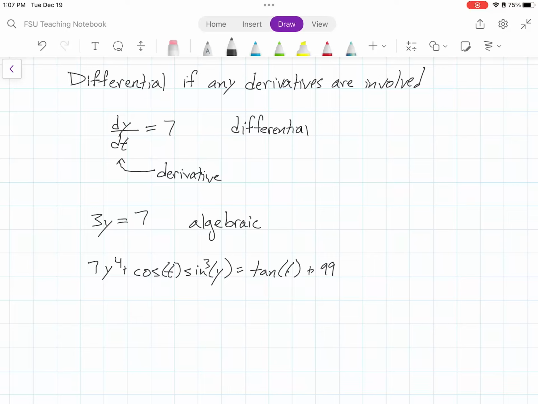We have independent variables, we have dependent variables, but we do not have any derivatives in this equation. So this is an algebraic equation.